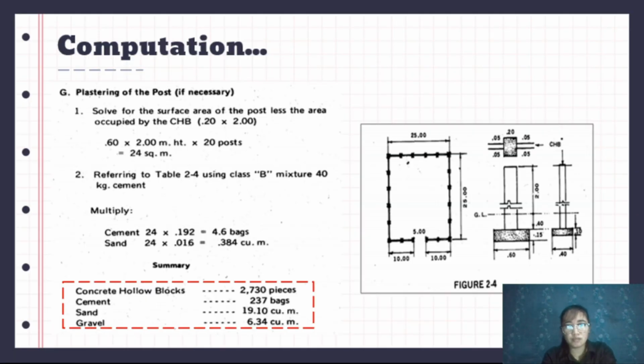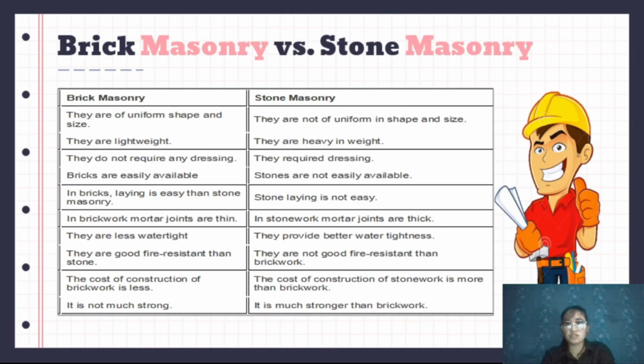This is for the plastering of the post if necessary. This 2 meters is the height for the post. Next, again referring to the table, the concrete hollow blocks, required pieces and bags, you can calculate your required data.